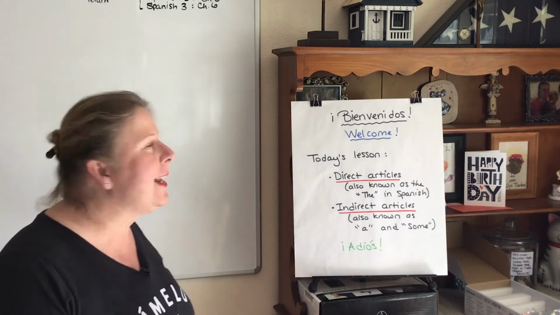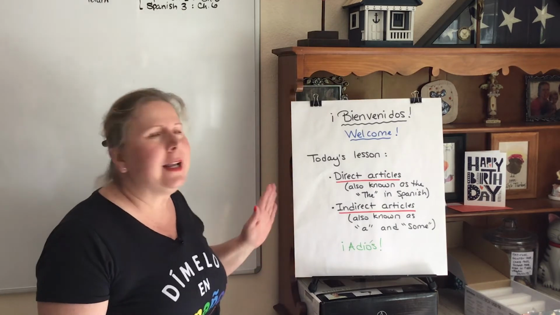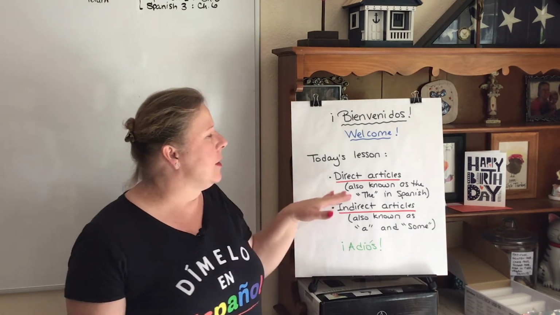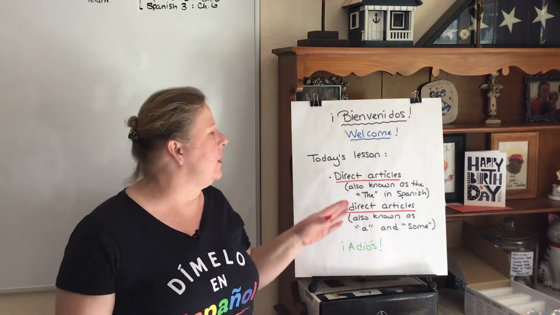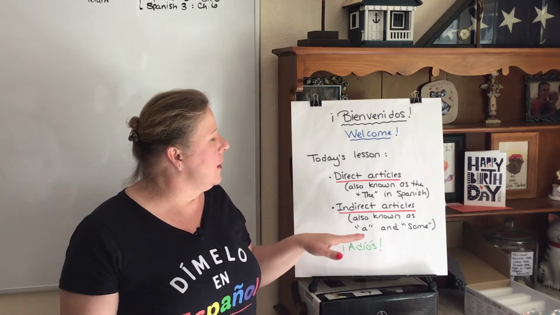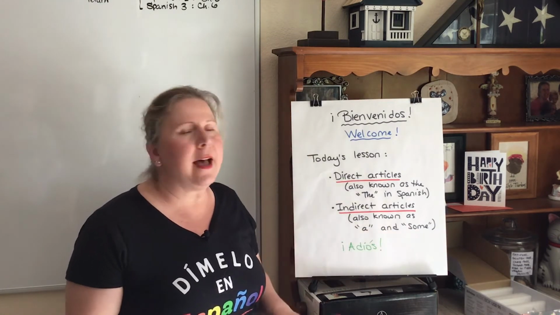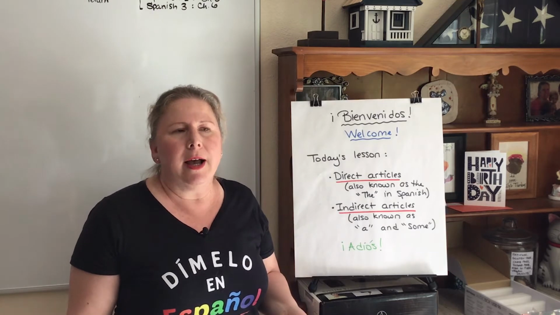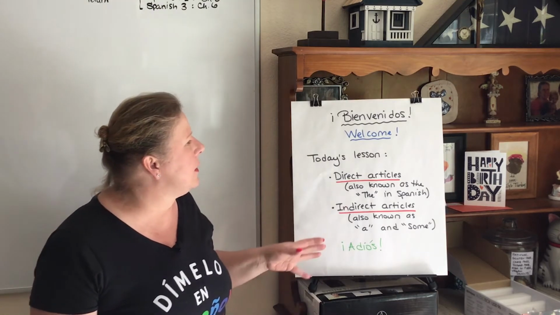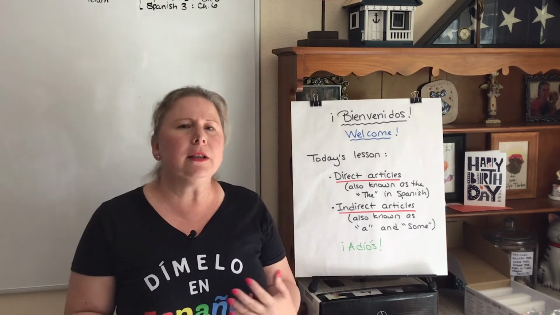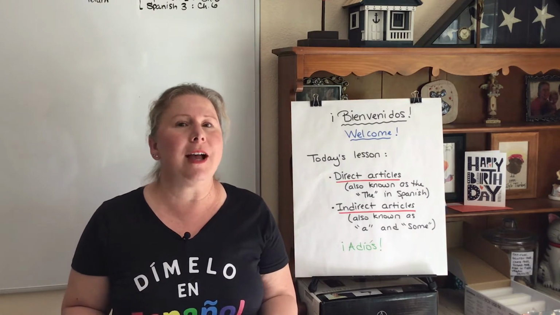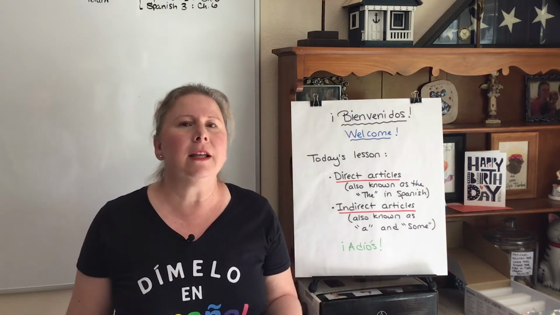All right, so for today, we're going to be talking about direct articles, also known as "the" in Spanish, and indirect articles, also known as "a" and "some" in Spanish. These are really important to get to know because in Spanish, different than English, we don't just have "the" for everything.